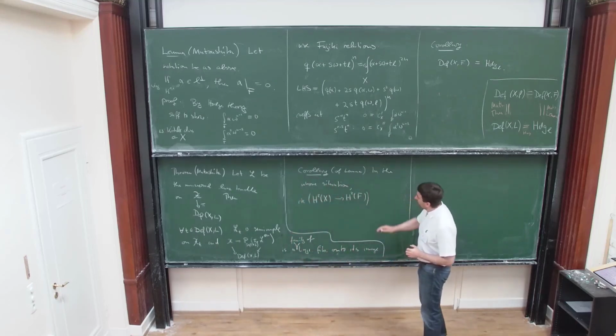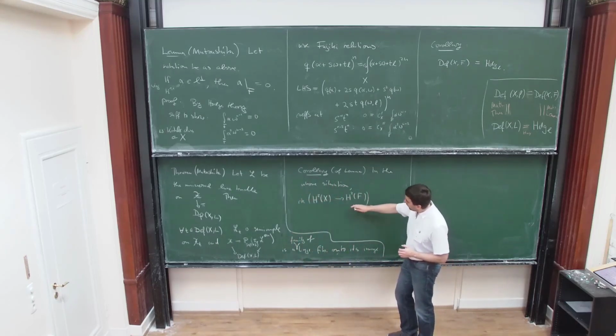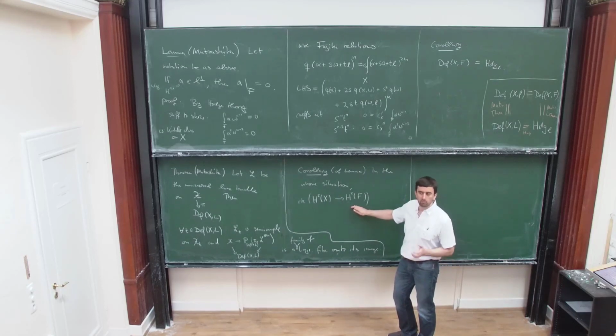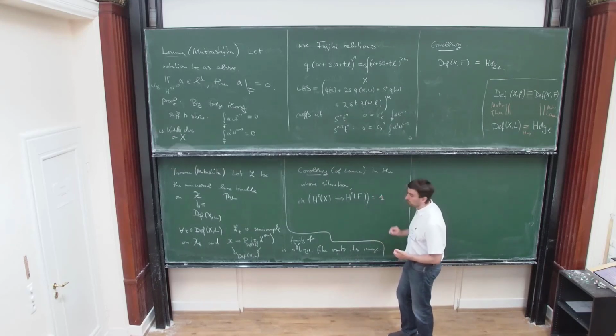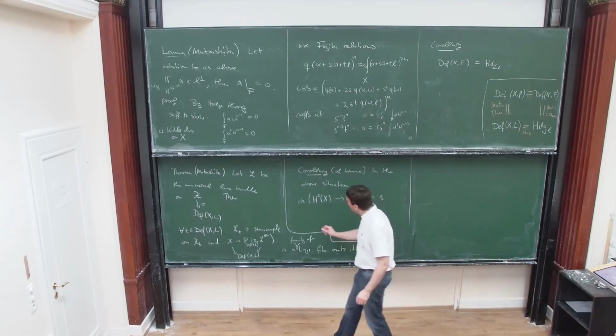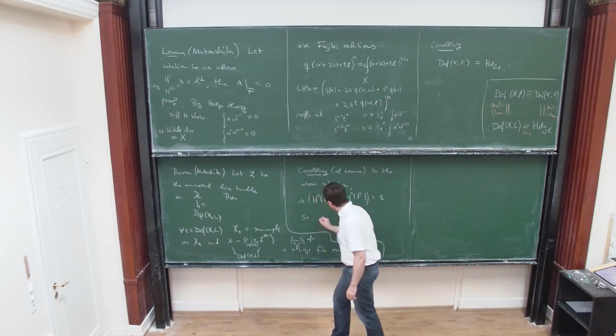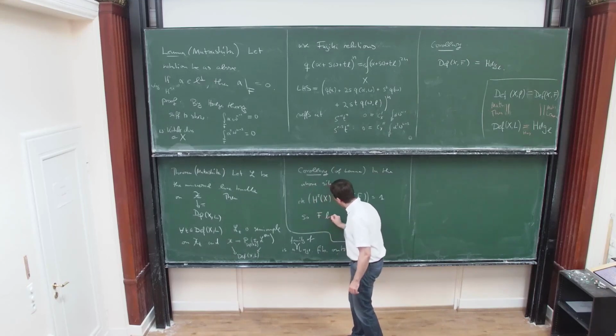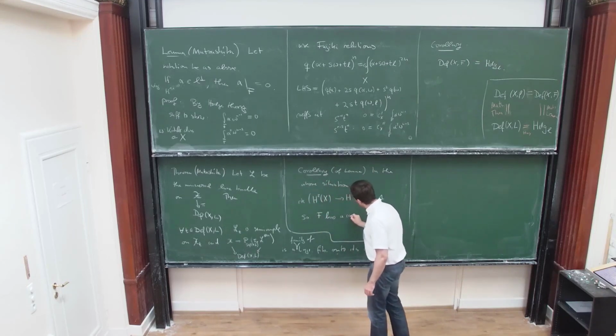Well, what's the rank? If the kernel of that is equal to L perp, of codimension 1, then kernel plus image means that this has to have rank 1. Okay. So F has a canonical polarization.